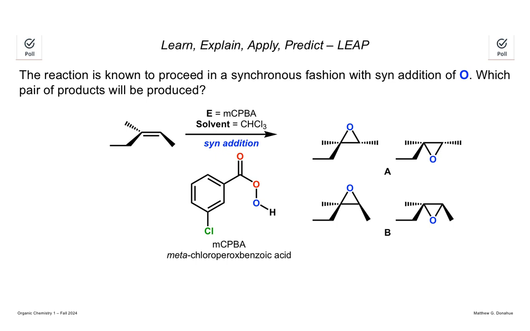Really what you're evaluating is the nature of these substituents, the wedges and the dashes. Which one, A or B, has retained that stereochemistry? So it looks like B. And so that's what we mean by stereospecific.